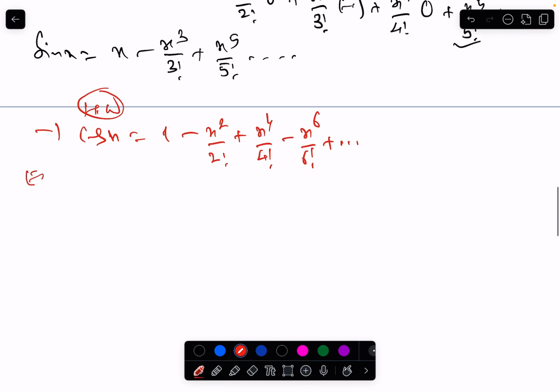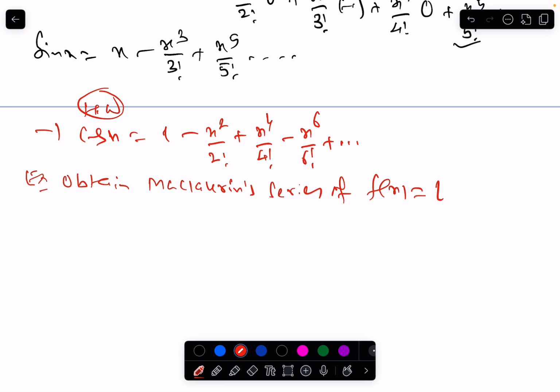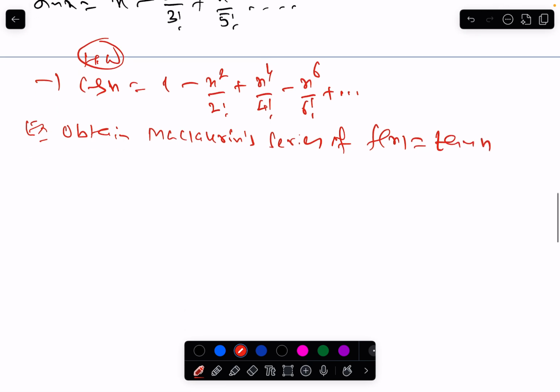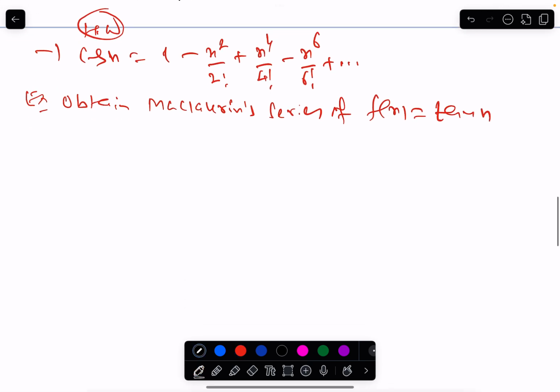Let us obtain the Maclaurin series of tan x. Let f(x) equal tan x. So here y equals f(x) is equal to tan x, and y at 0 is tan 0, and tan 0 is 0.